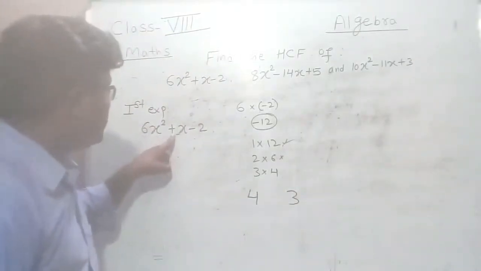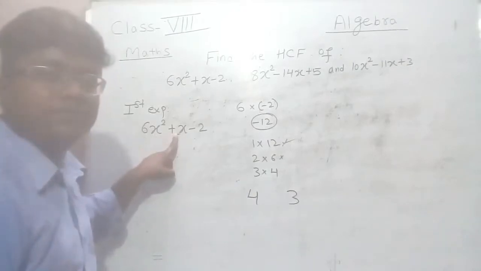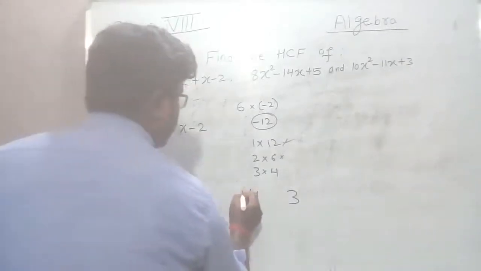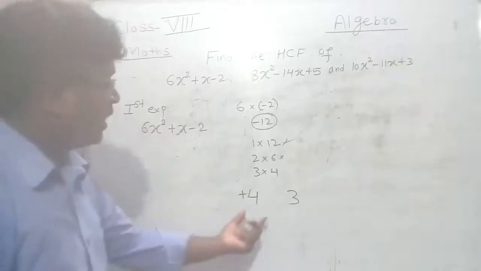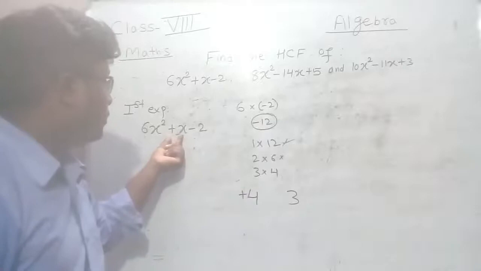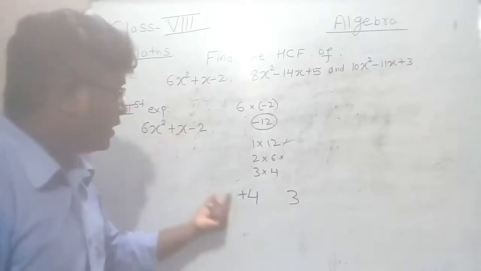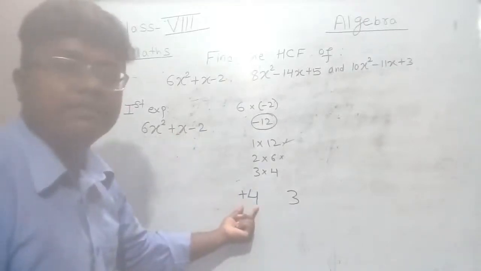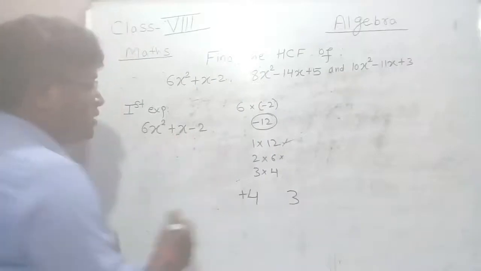We have to get plus 1, so the bigger number, which is 4, must be positive and the smaller number must be negative.